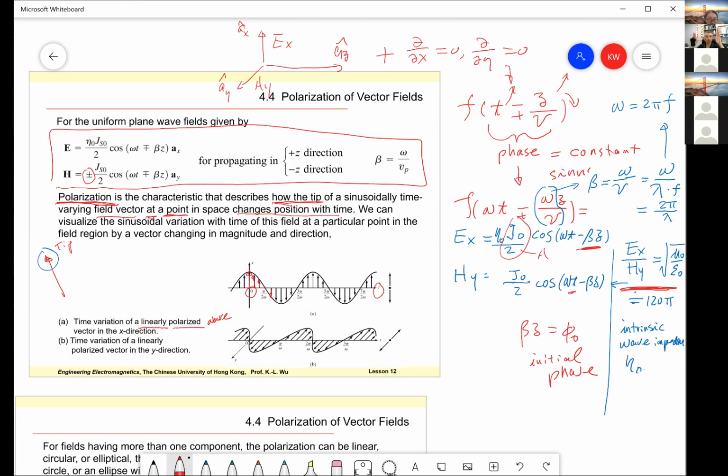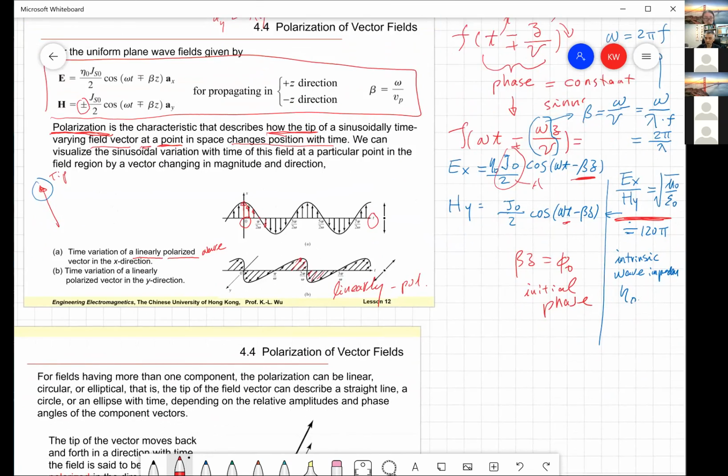So this is a very important issue to understand about polarization. And of course, if you can polarize in the X direction, you can polarize in any direction, for example, in the Y direction. But this is still linearly polarized.